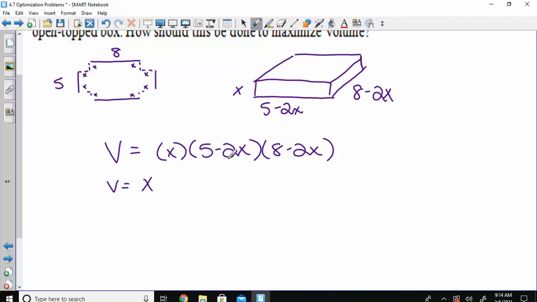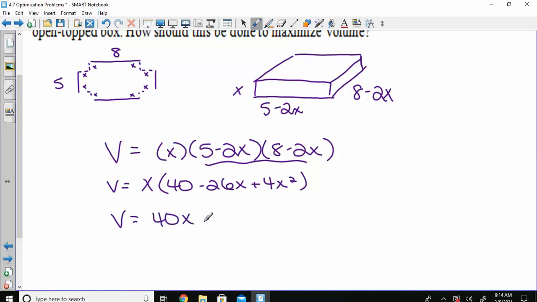I don't want to do a product rule 3 times, so I'm going to multiply this out. I'll start by FOILing these two. So that's 40 minus 10 minus 16, so minus 26x plus 4x squared. Distribute the x.